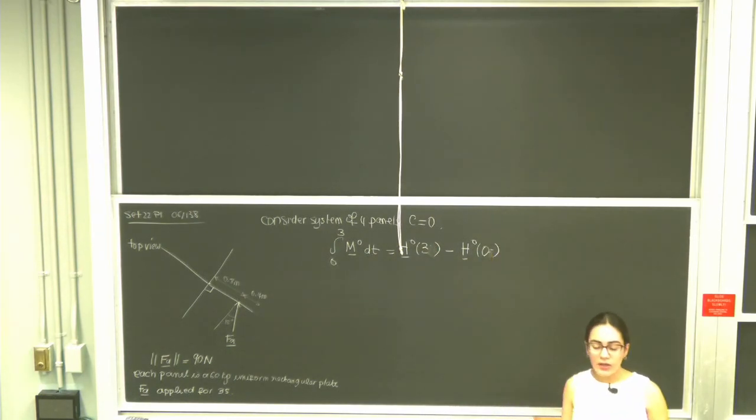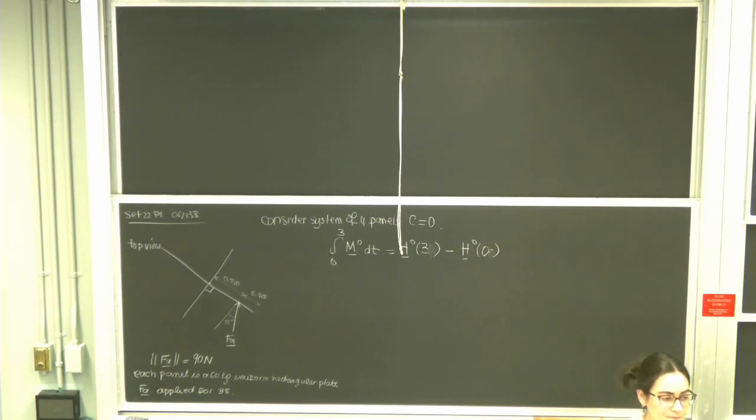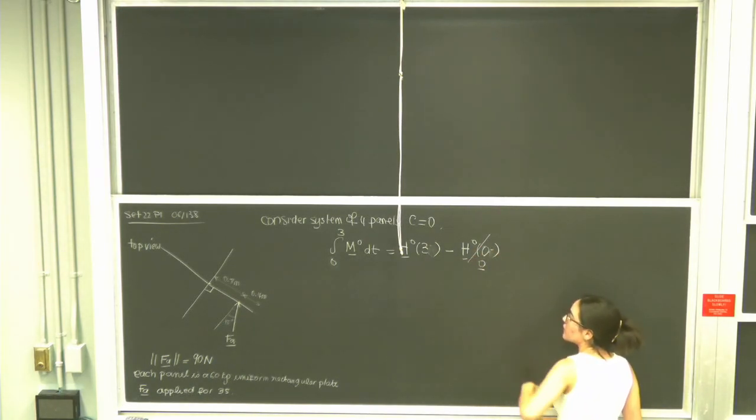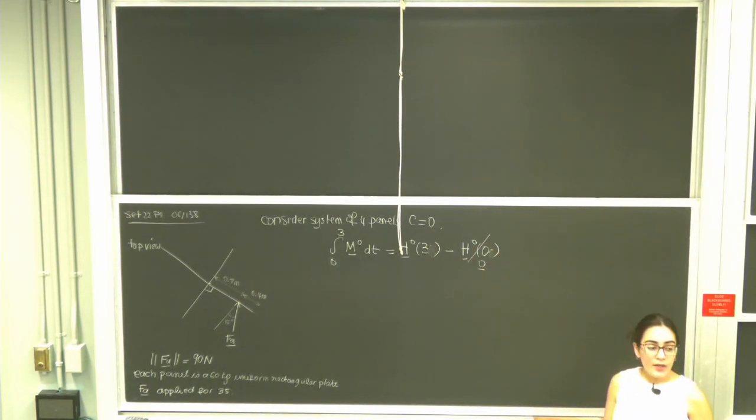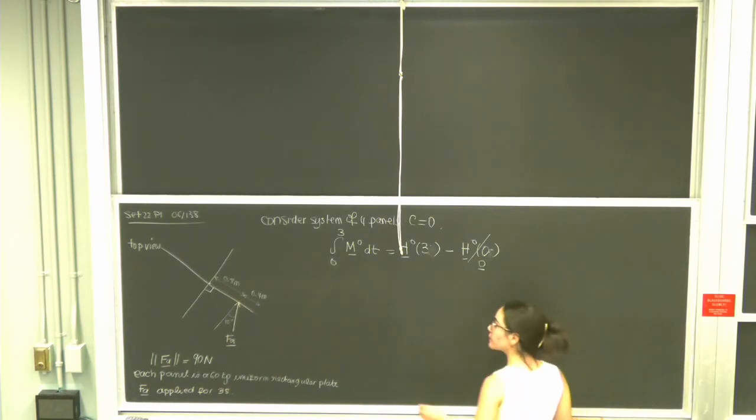What is the initial angular momentum of the system? 0, because omega is 0. So this is 0. The system starts from rest, omega is 0. What is the expression of angular momentum at t equals 3 seconds?